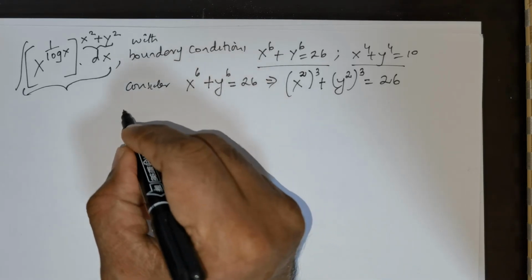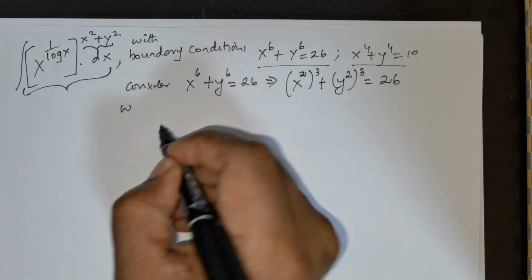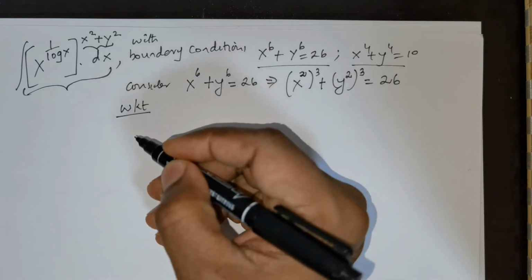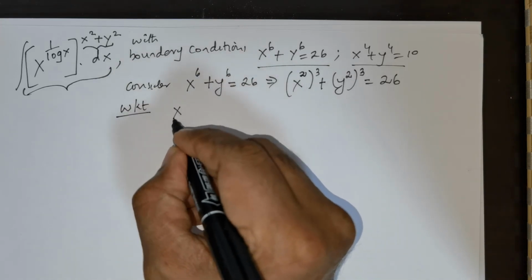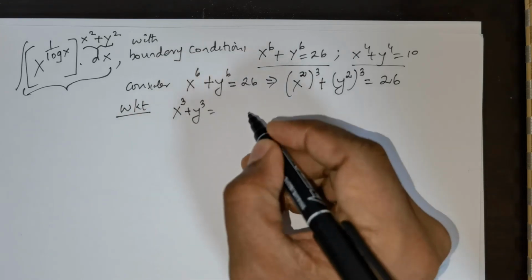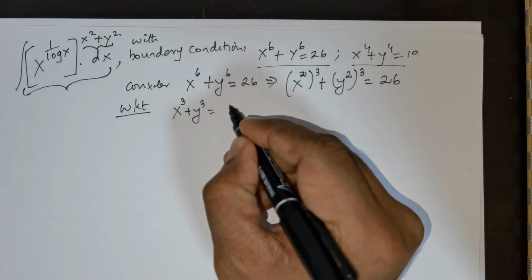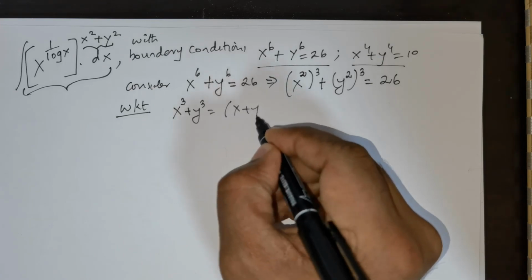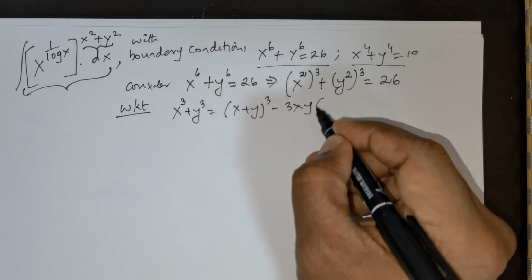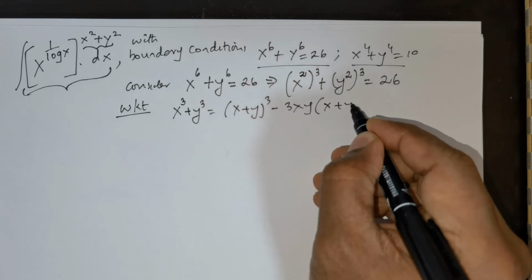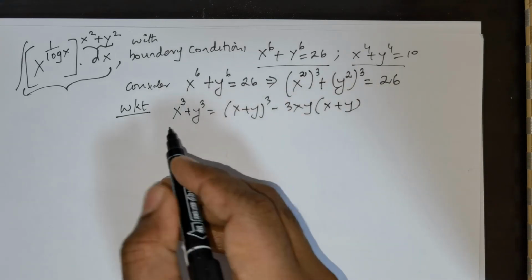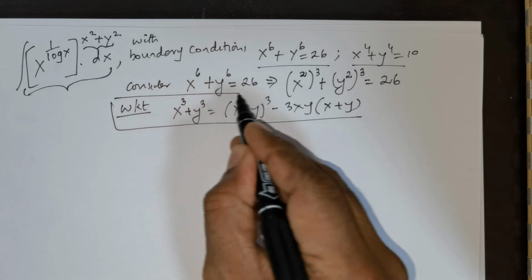Now there is a formula with the cubic expression, so I'm going to utilize this. We know that x cubed plus y cubed can be rewritten as (x plus y) raised to the power of 3 minus 3 times xy times (x plus y). If you were to expand this and simplify it, you will get x cubed plus y cubed. So let me put this in the box.